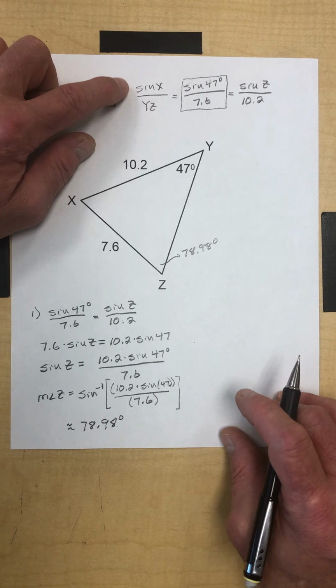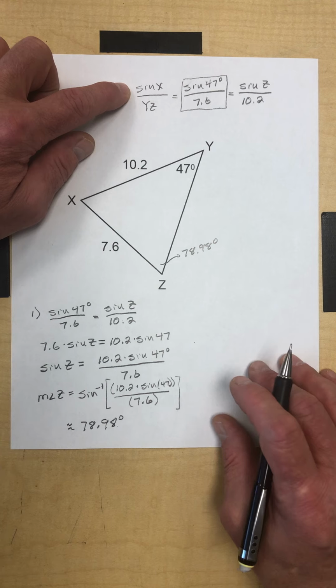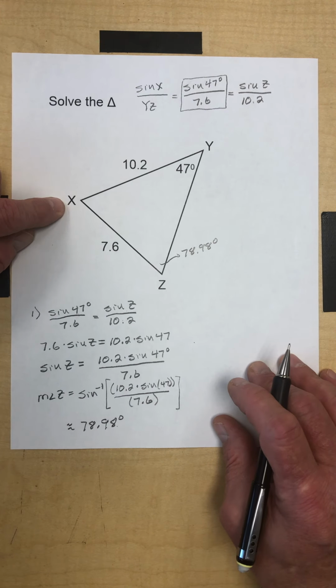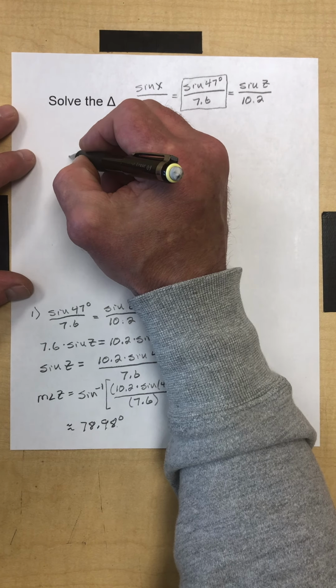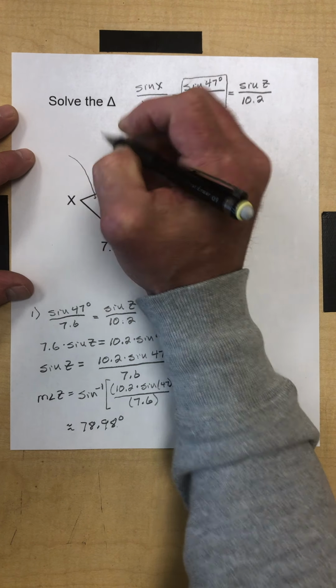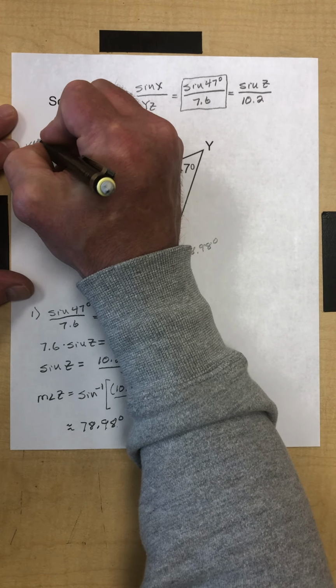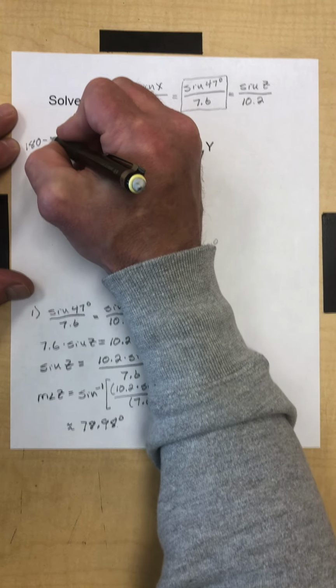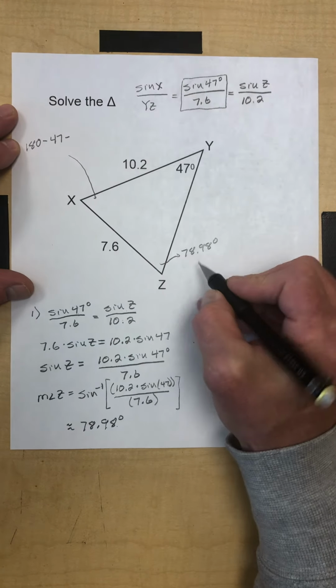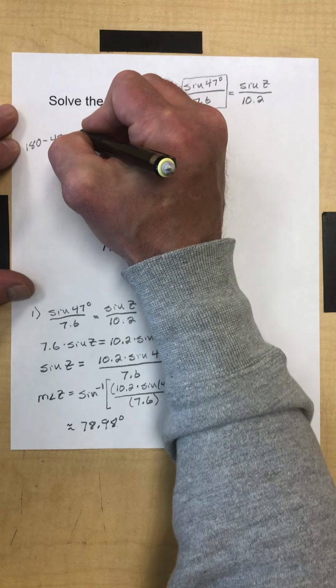All right, so now when we come up here, when I'm dealing with this ratio where I have two unknowns, I have a way to find that unknown right here, because I can use the triangle sum theorem here. Okay, so right here, I can go 180 minus the 47 minus 78.98.